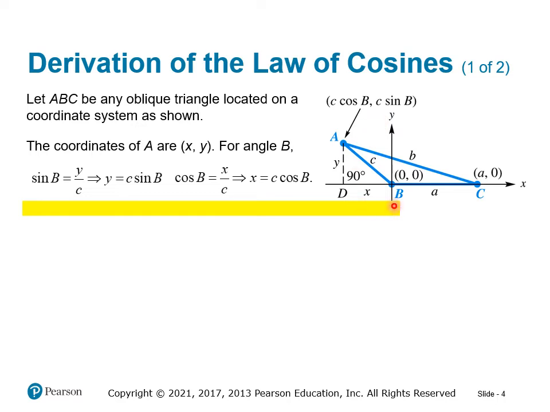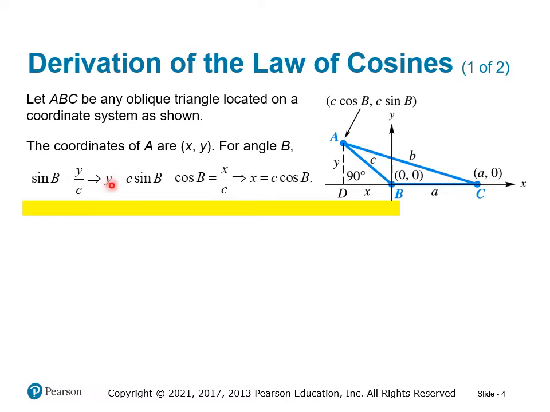And if we think about this, we know that the sine of B, using this reference angle here to the left side of the y-axis, and in this right triangle, we could use this reference angle for B, and the sine of B would be the opposite over the hypotenuse, or y over c.